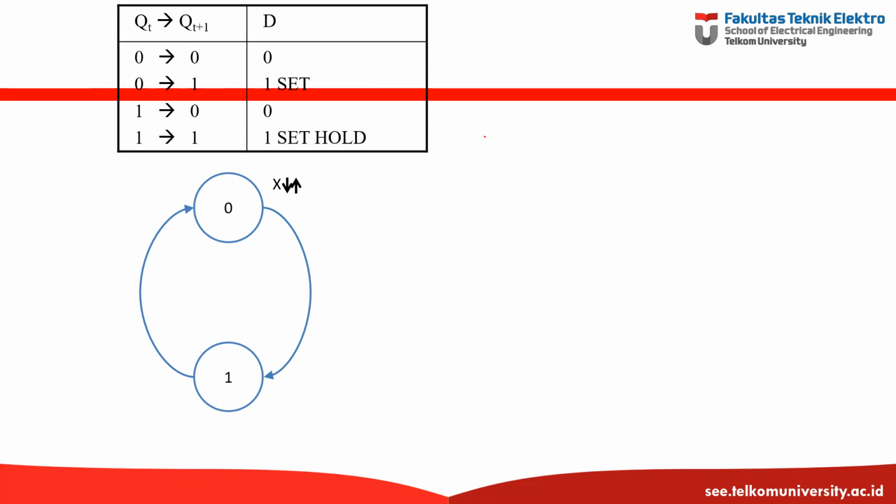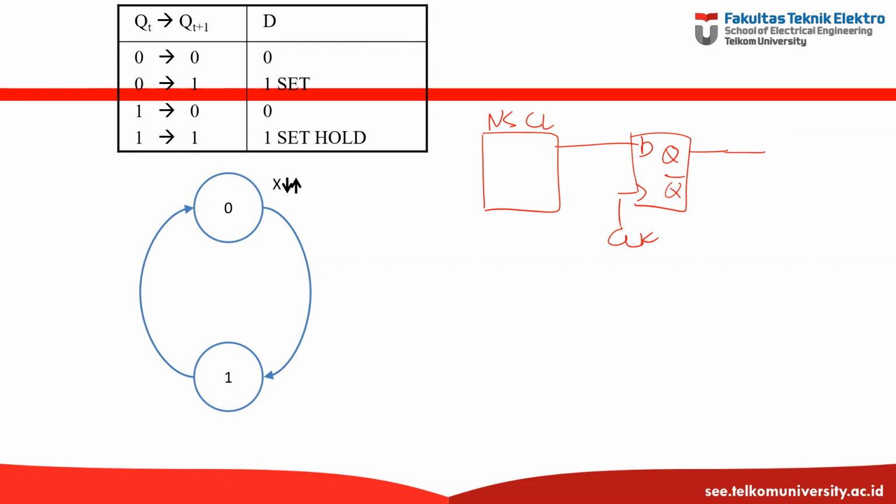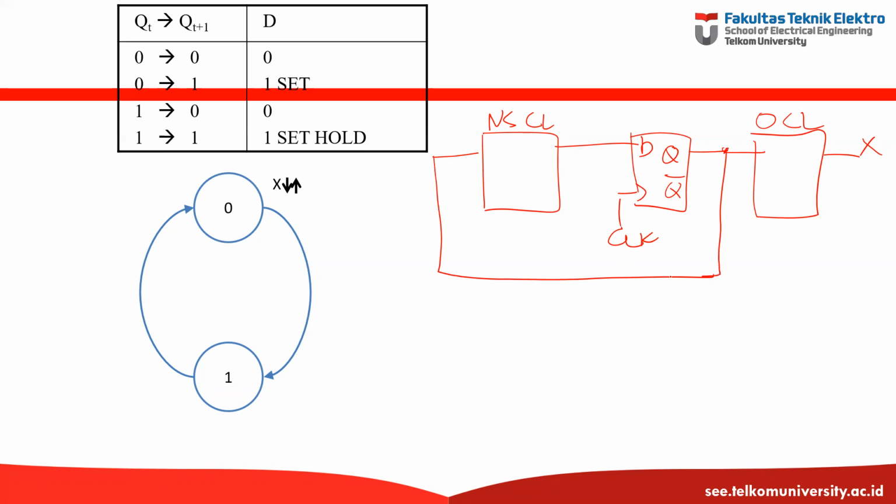From earlier discussion, we understand that this is the next state combinational logic, and then this is the data flip-flop, this is the clock, and this is the output Q. This is the output Q naught, and then this is the output combinational logic, and this is the output, which in this case is X. There is no input here, so the input only comes from the present state. So this is the block diagram of our sequential machine.